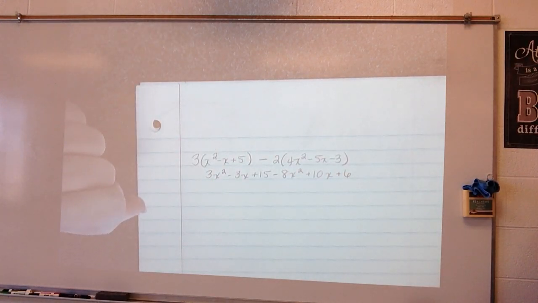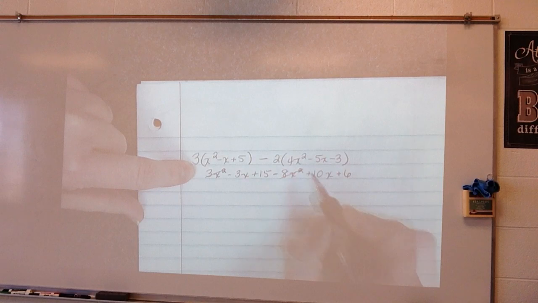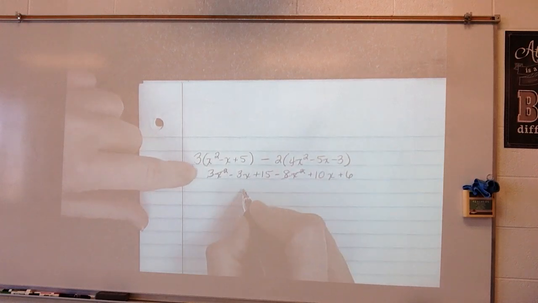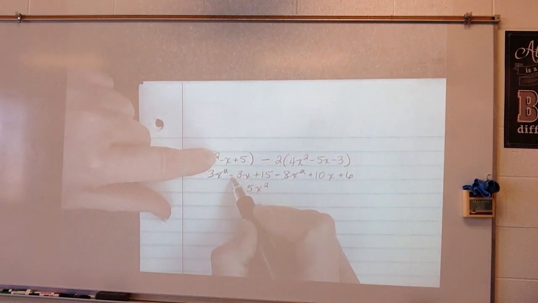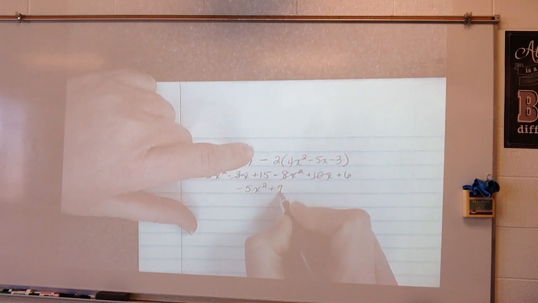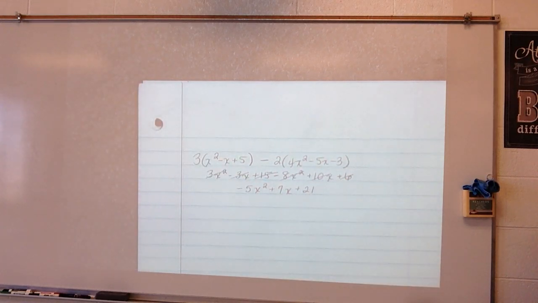Now I simply combine my like terms. I have 3x squared and negative 8x squared, which gives me negative 5x squared. I have negative 3x and positive 10x, which is a positive 7x. And then 15 plus 6 is 21. I am finished because I cannot simplify it anymore.